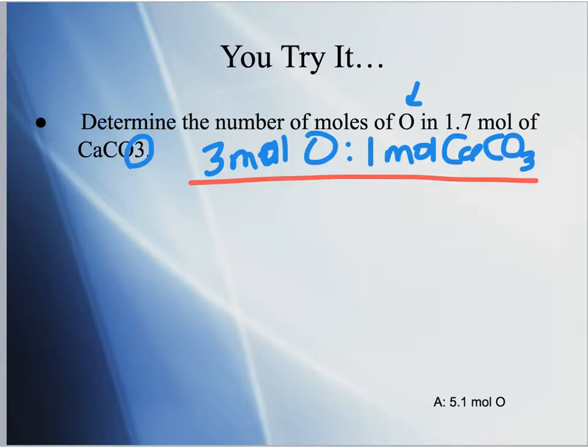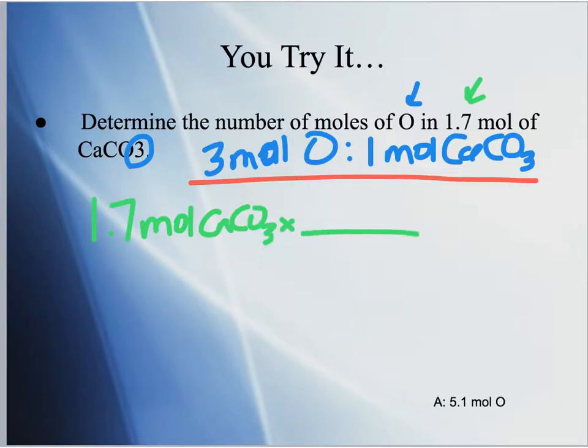So this is going to be our conversion factor for when we set this up. So remember, we always start with what we're given in the question. So we're going to start out with 1.7 moles of CaCO3. And we're going to use our conversion factor, making sure that moles of CaCO3 are on the bottom so that it cancels our moles of CaCO3 that we start with.